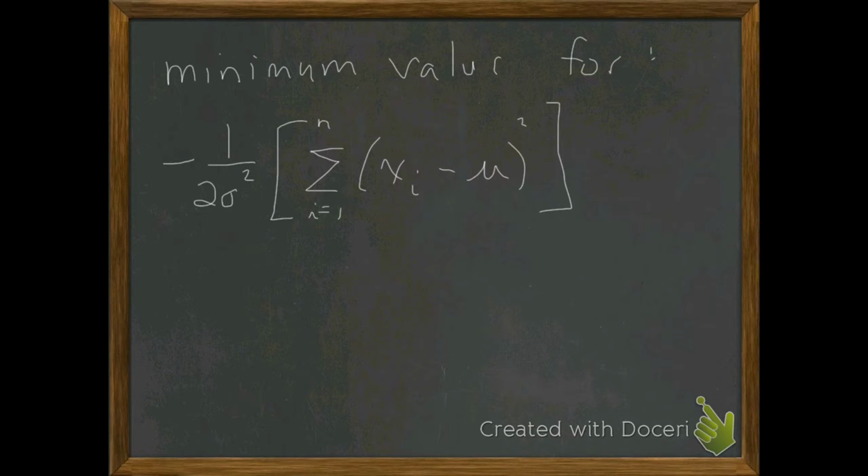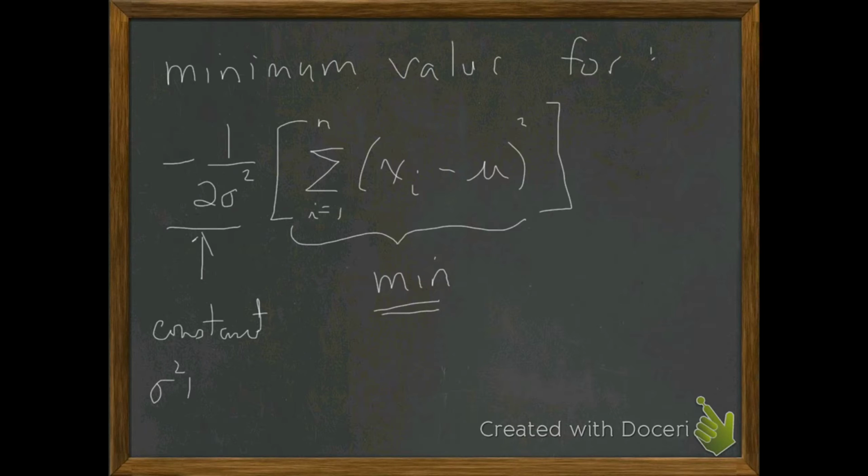Now, from the same argument before, if this is a constant, I can find a minimum value here. Because again, we're working on the assumption that the variance is known.